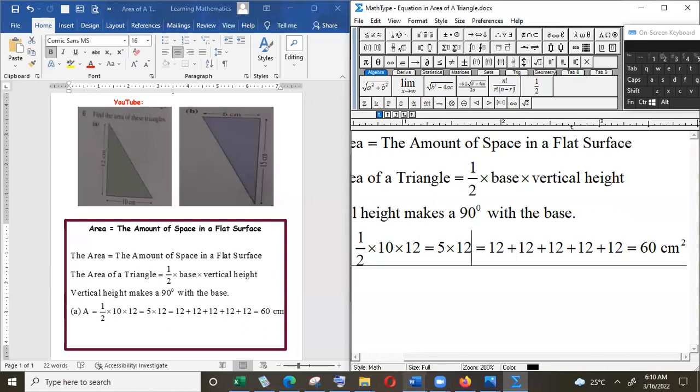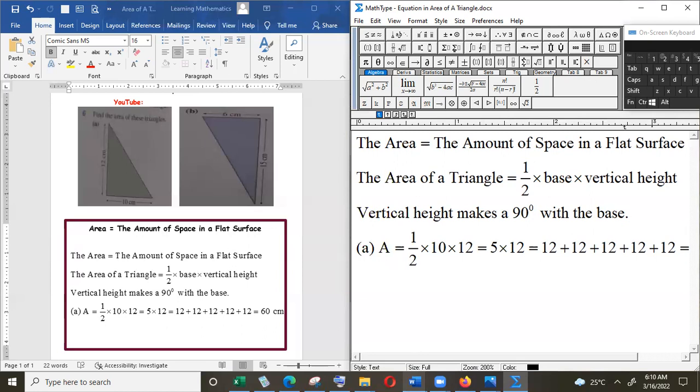Okay, let's go over that again. Area of a triangle is half times base times vertical height. The base of the triangle is 10, the height is 12. So it's a half times 10 times 12. A half of 10 is 5. So we have 5 times 12, which means 5 twelves.